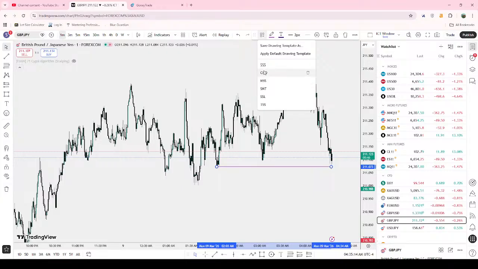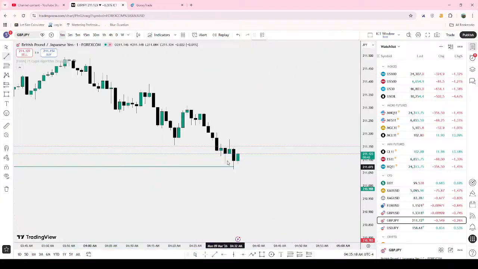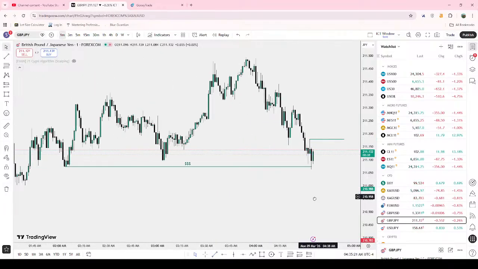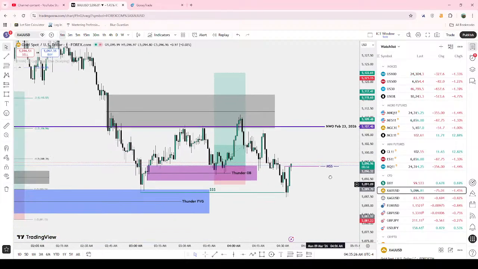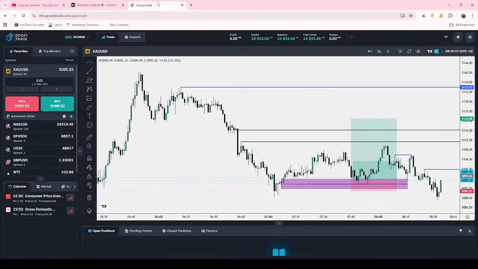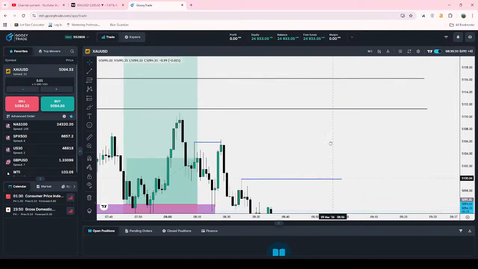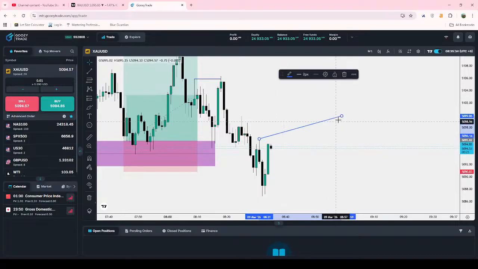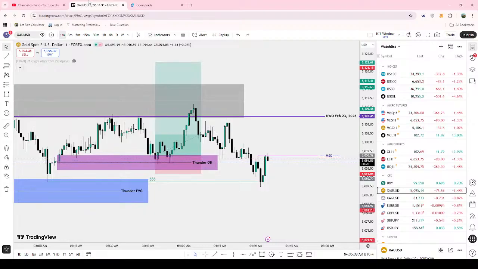Liquidity has been swiped. Now we will look for a market structure shift for entry into long. Okay, so we will look for longs here, only if we get a body candle close above this high.